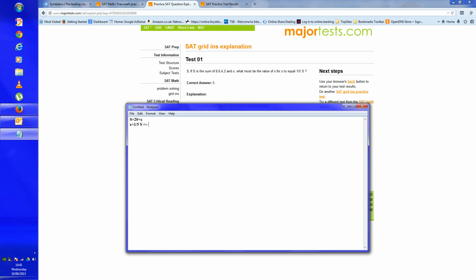This implies that 5x equals S, and now we have 5x, we can put that into our first equation, which is 5x equals 20 plus x.